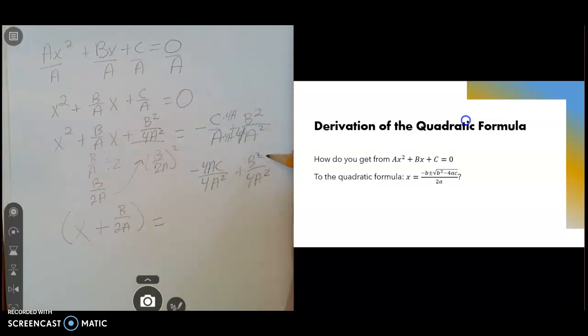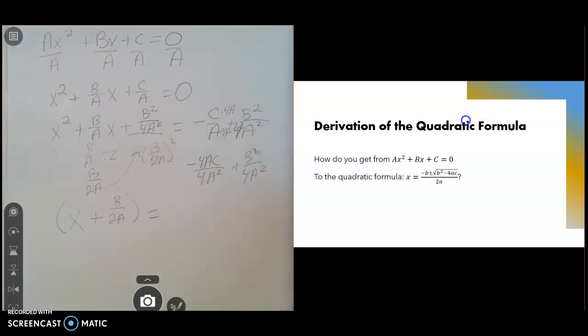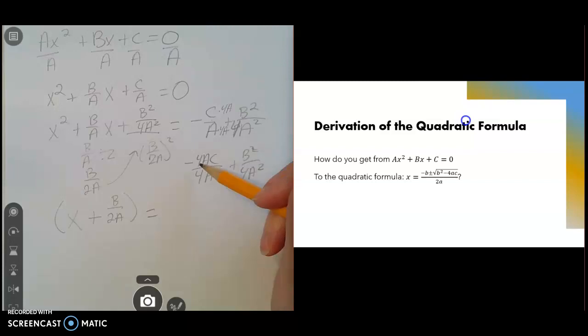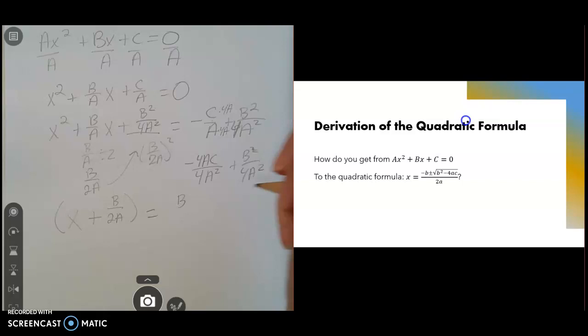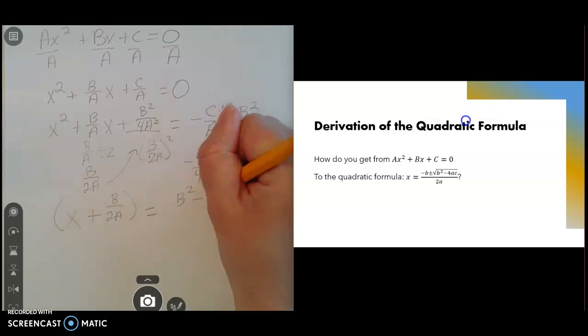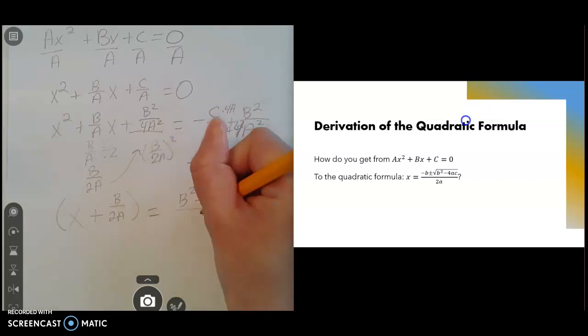Then I can actually add them together because they have the same denominator. So when I add them together, I could either have the negative 4ac plus b squared, or I could do b squared minus 4ac. I'm going to choose to do the second option because it looks more like the formula I'm going for.